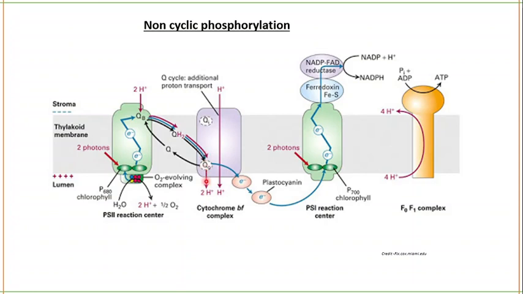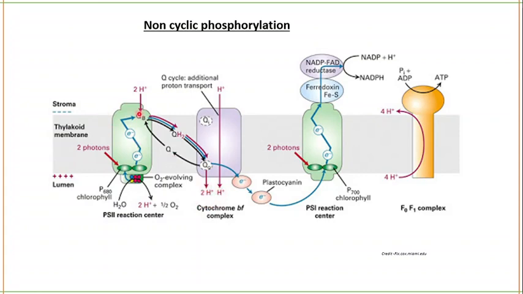How many? 2 protons for every 1 electron. This plastoquinol can carry 2 electrons, but it transfers its electrons one by one to the cytochrome b6f. For 1 electron, there will be the release of 2 protons toward the luminal side, and for 2 electrons, there will be the release of 4 protons toward the luminal side.